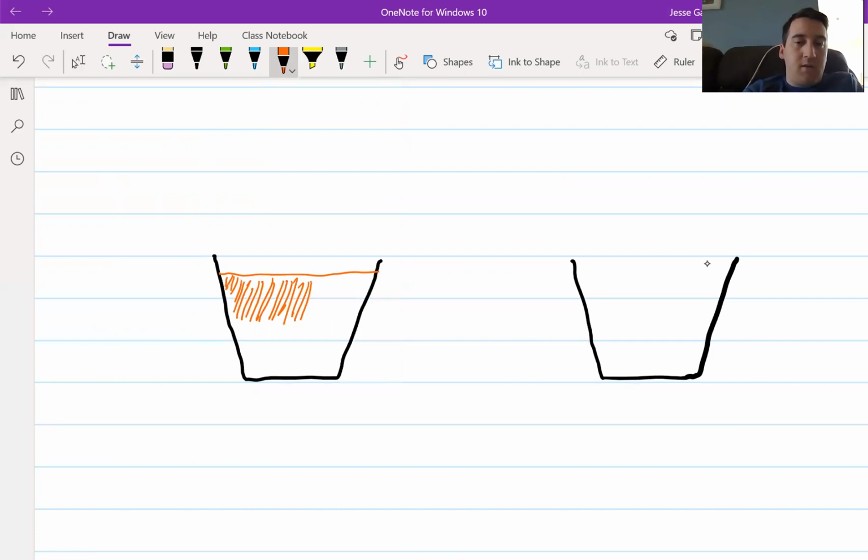So this is the first one. And the idea that I'm trying to get across to you is that this is quite dark in color. It's quite orange. Okay. This is the second one.